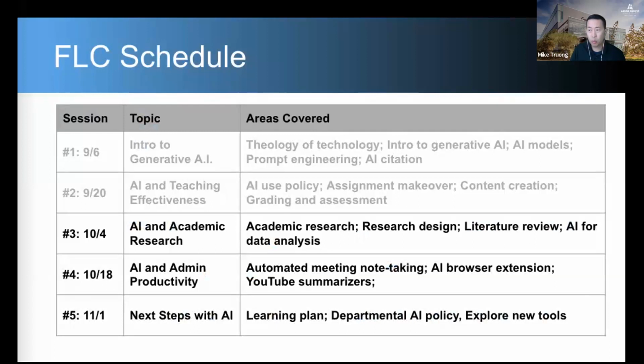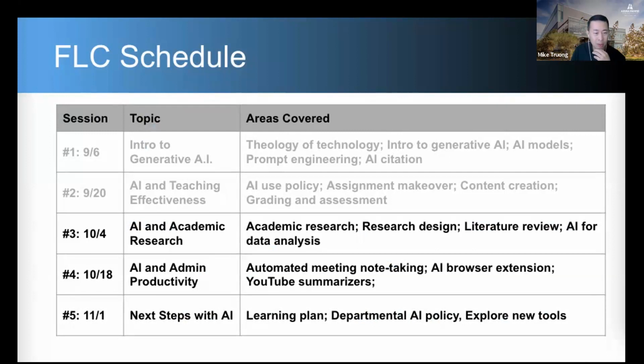All right, so just as a quick review of things that we have covered thus far, the first session we focused a lot on the explanation overview, and then we talked a lot about prompt engineering. I hope you've all had opportunities to practice how to do prompt engineering as you engage with these tools.